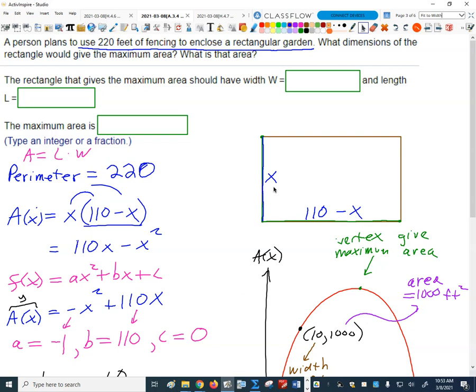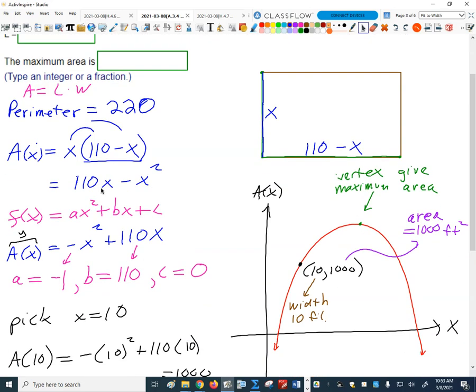And so when I multiplied those together, the width times the length, x times 110 minus x, I got 110x minus x squared. We can recognize that's a quadratic function if I just write it a little differently.